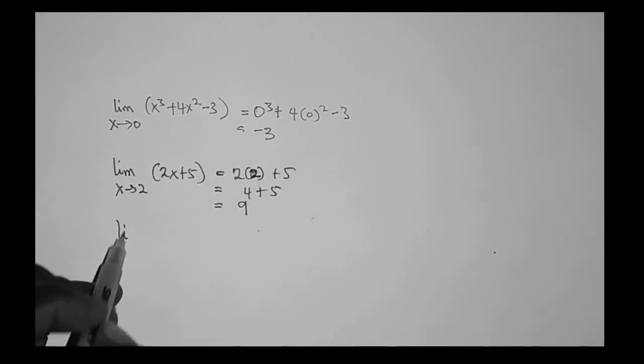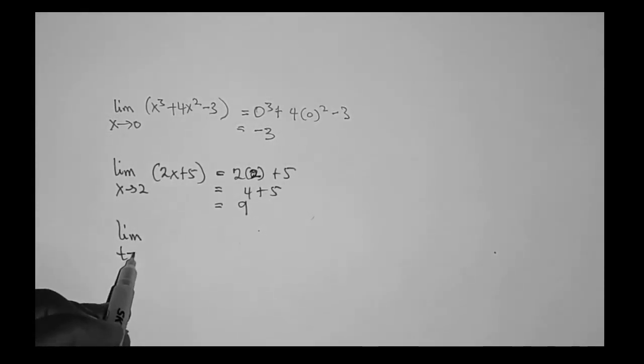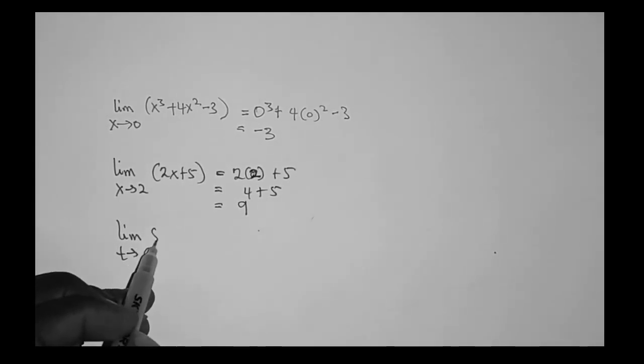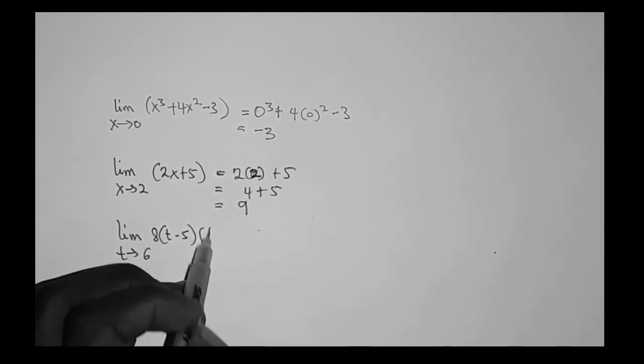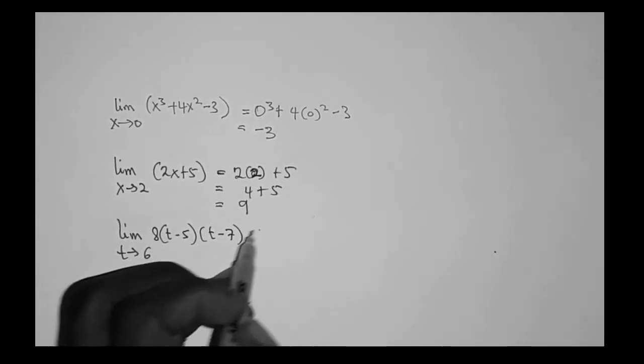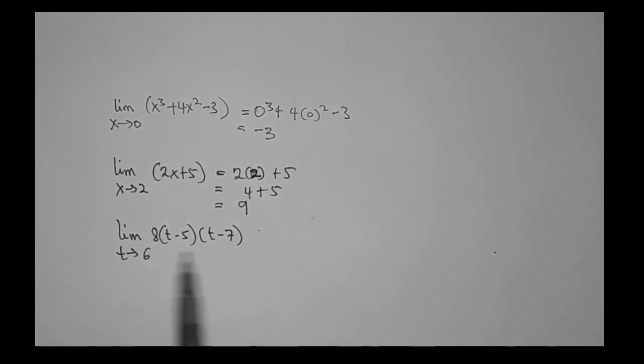What about the limit as t approaches 6 of the function 8 times (t minus 5) times (t minus 7)? This one too is straightforward. You just put the value t equals 6.